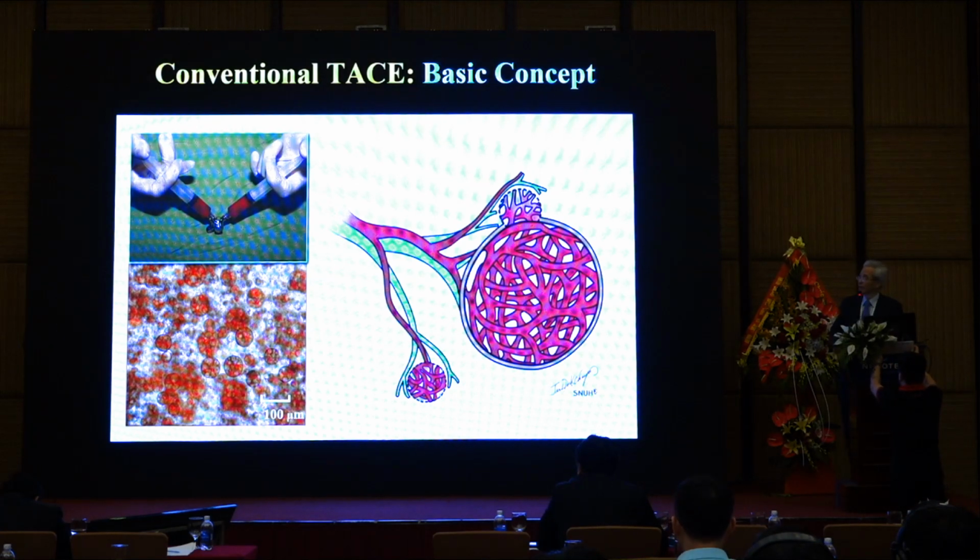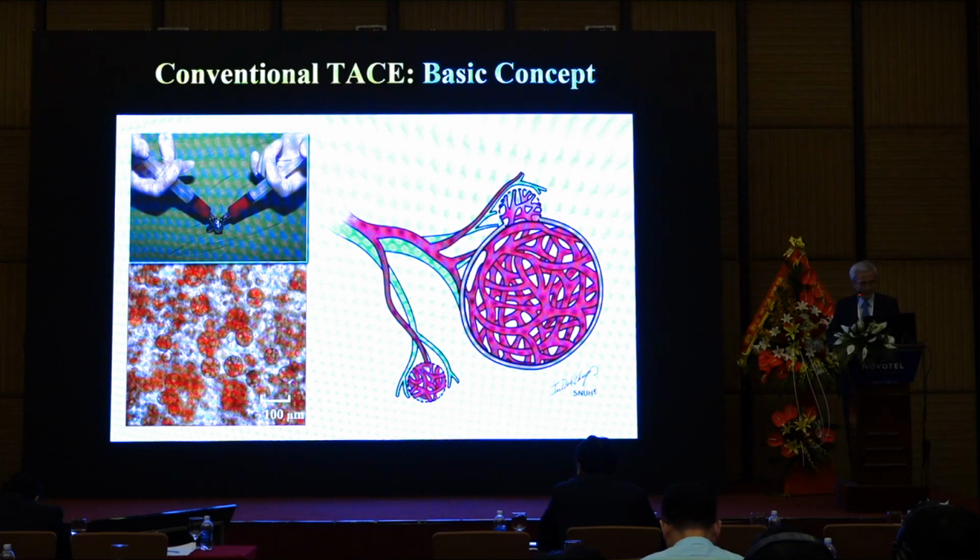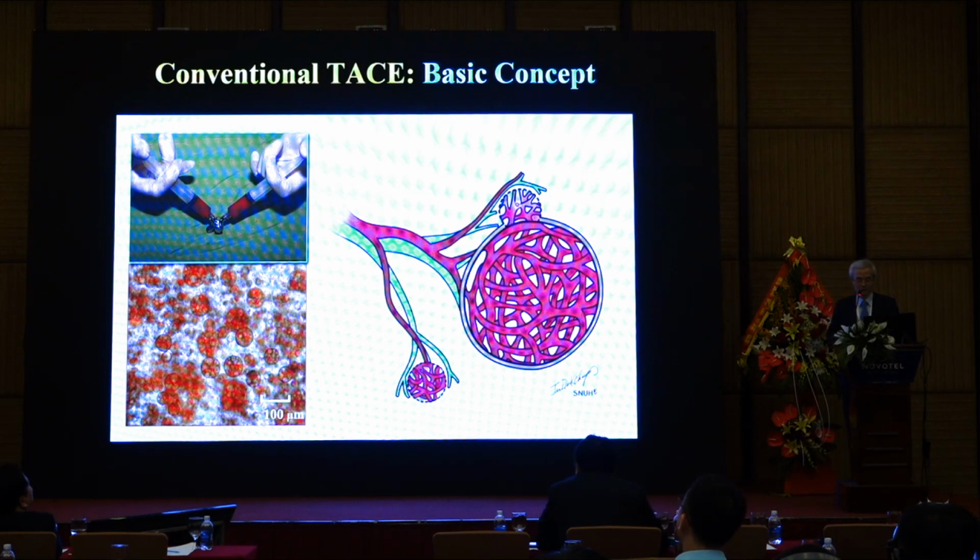So this schematic diagram illustrates the angioarchitecture of the HCC. This capsule illustrates this nodular HCC, and this part illustrates the extracapsular invasion of HCC, and this small nodule means the early stage HCC.